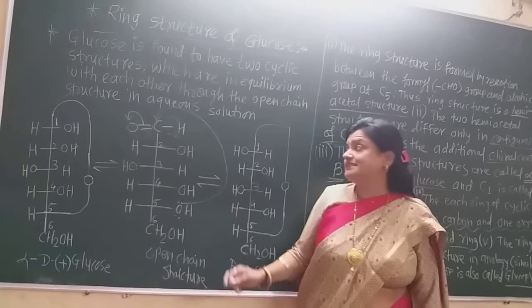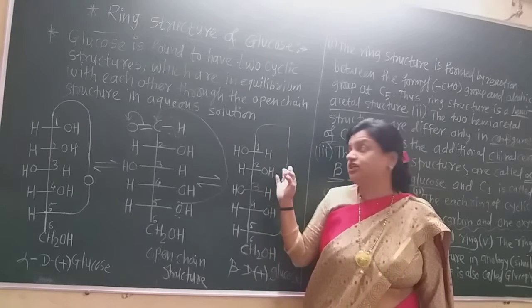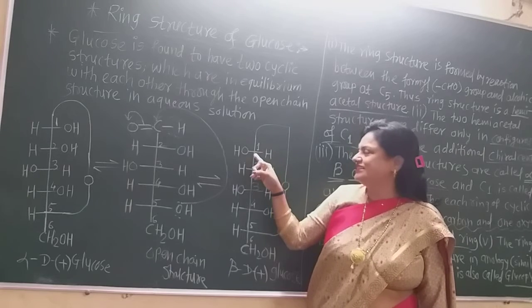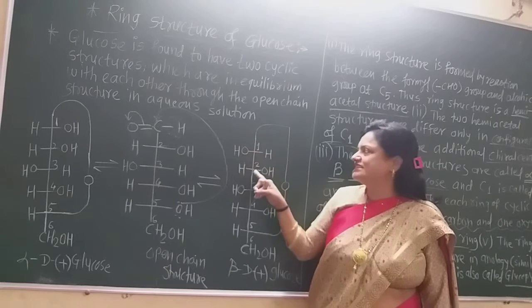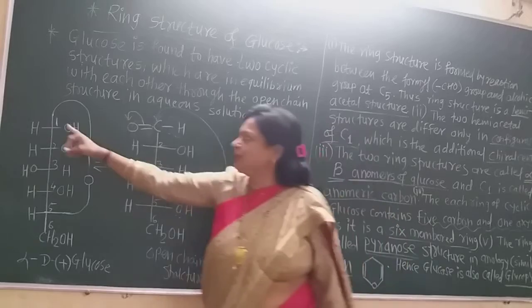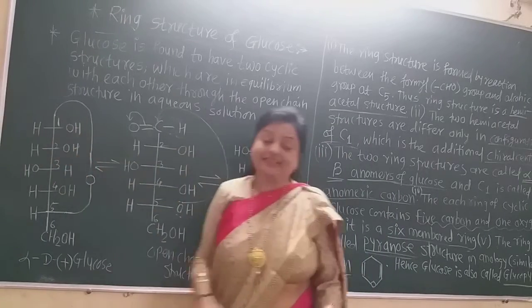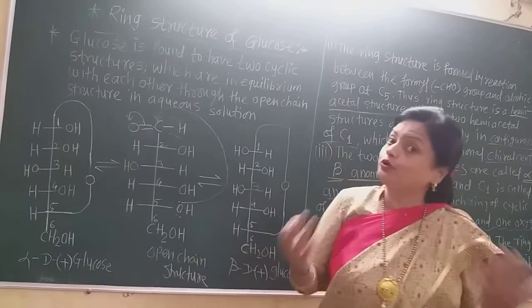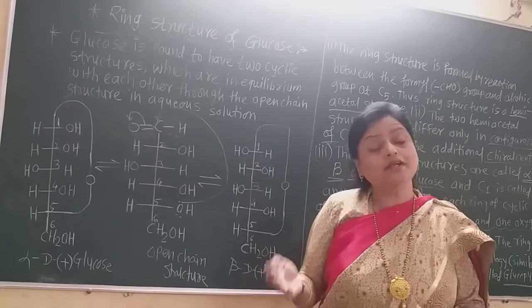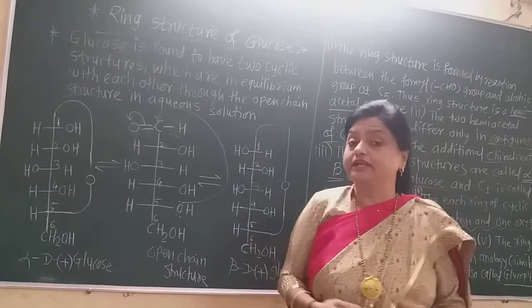But as there is hydrolysis and formation of this ring structure, this also becomes a chiral center, because all four valencies of this carbon are satisfied by different atoms or different groups of atoms. So it is an asymmetric carbon, which means the compound is optically active.